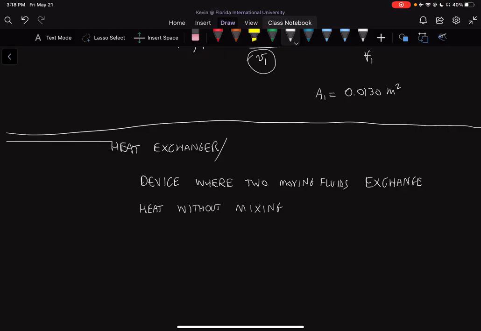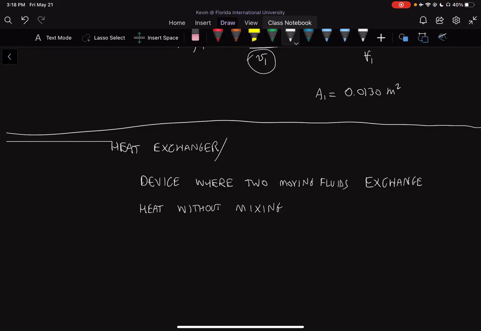And this next example that we're going to be doing is actually going to be an example of a heat exchanger. Essentially what we usually have is a fluid that is cold and a fluid that is hot, and they are flowing in side by side, and there's some heat transfer between the hot fluid and the cold fluid, which changes their temperature as we go.